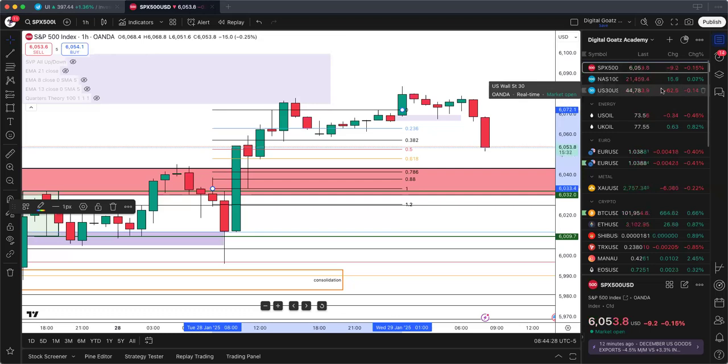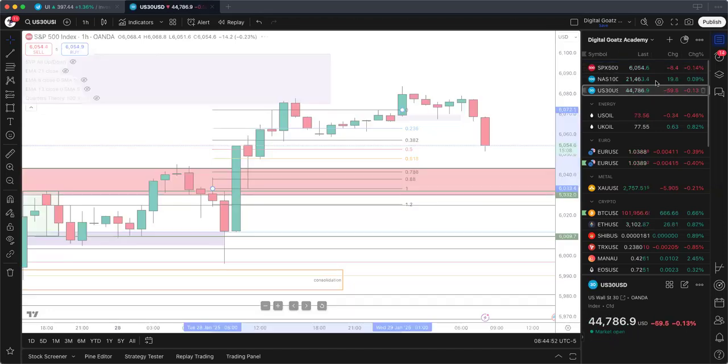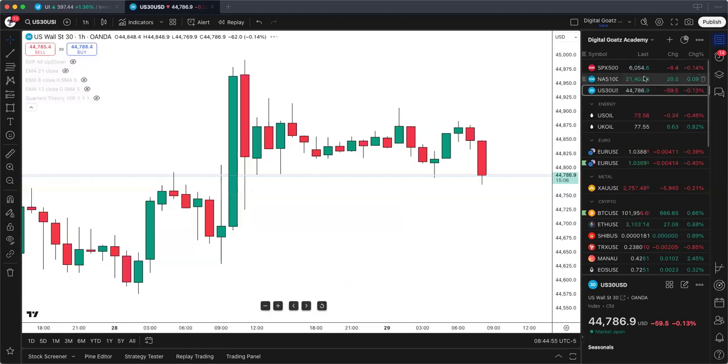So you see how US 30 and S&P are doing the same thing, but the NASDAQ is different because it's in a tech sector. But understand this, by the end of this day they all should be doing the same thing. If I'm looking at NASDAQ being the oddball out there, we've already expected S&P to be bullish. We've already expected US 30 to be in an uptrend, to continue buying up, if you're confused about that.